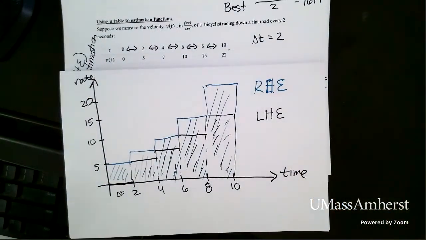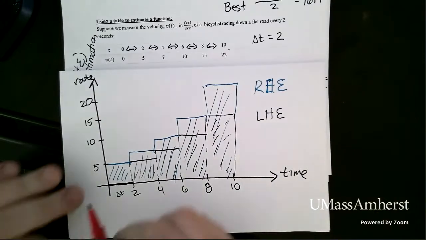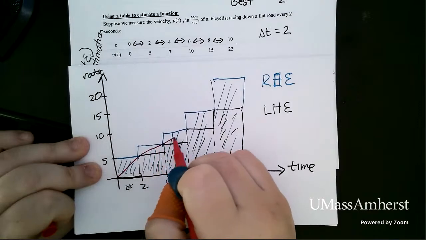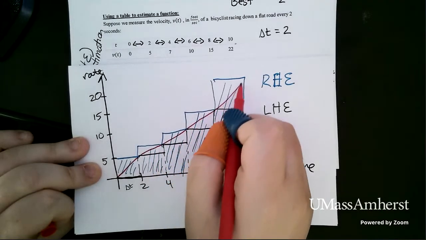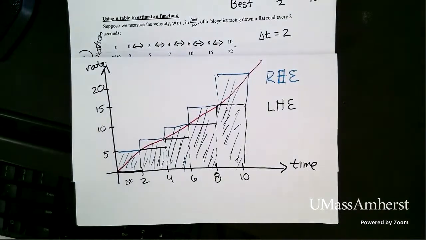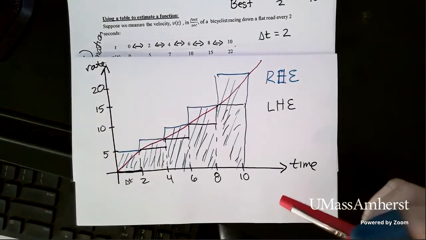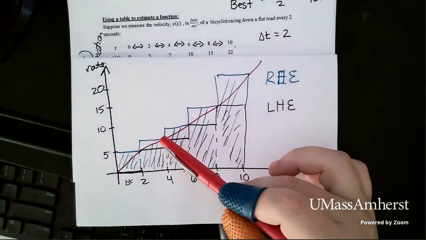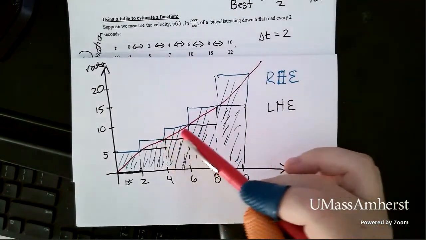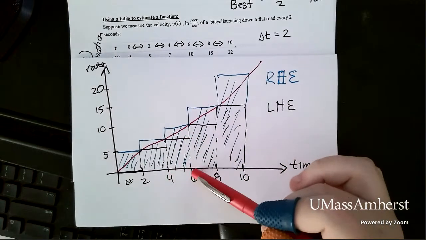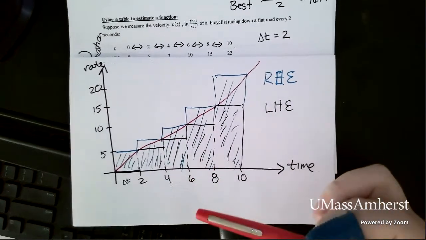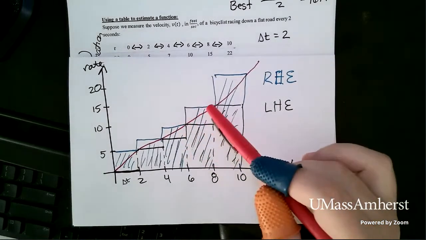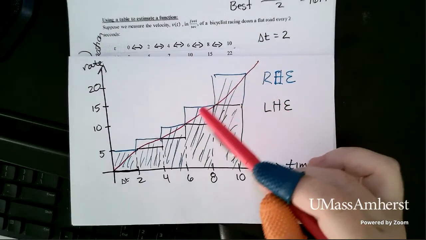Okay, the reality is that the actual function probably looks something like this, and we'll talk about why in a second. Okay. So with the left-hand approximation, each rectangle is touching the function in the left-hand corner, right? So for a time interval 4 to 6, it's the left-hand corner that touches. Whereas for a right-hand estimation, it's the right-hand corner that touches our function, right?